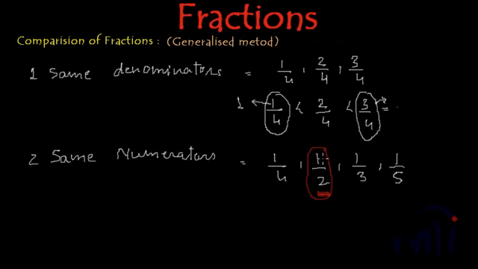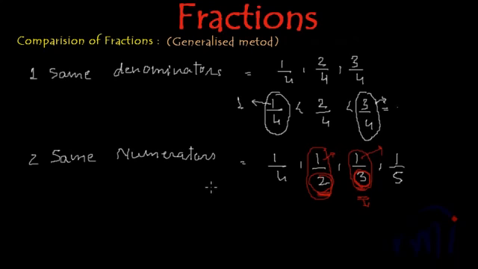Why? Because this is talking about one part out of two equal parts. Here we are talking about one part out of three equal parts, right? So since here we have made three equal divisions and here we had made only two equal divisions, in this case each division will be smaller, each portion will be smaller, right?